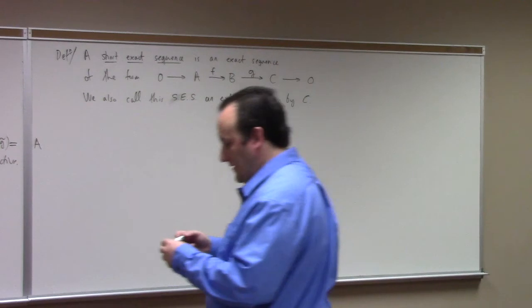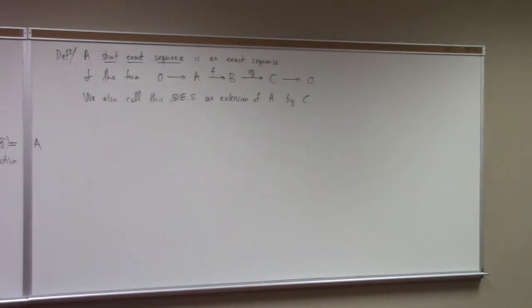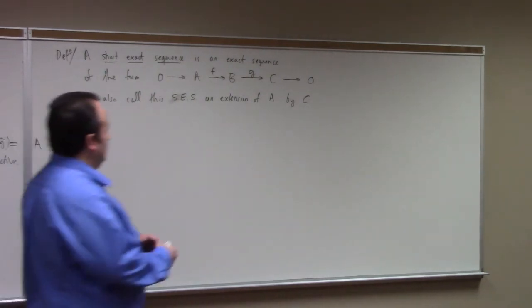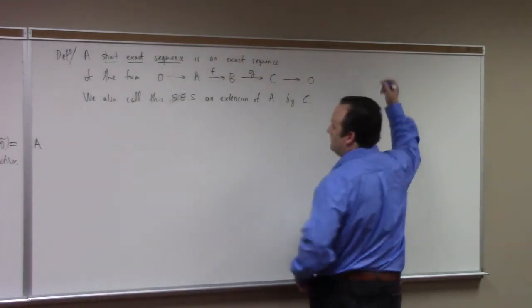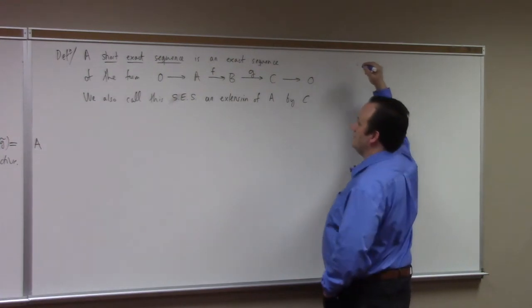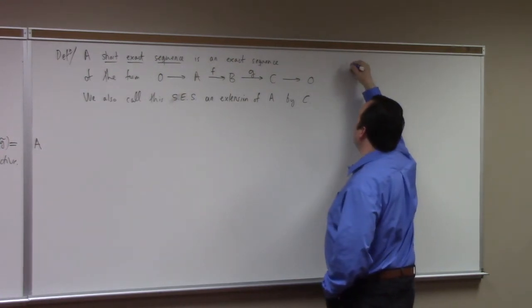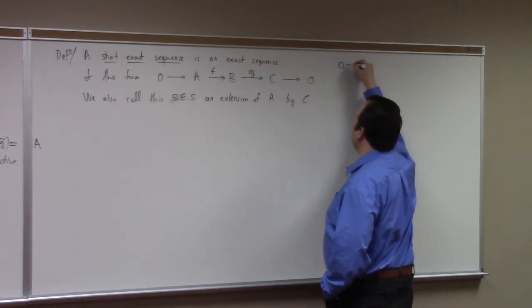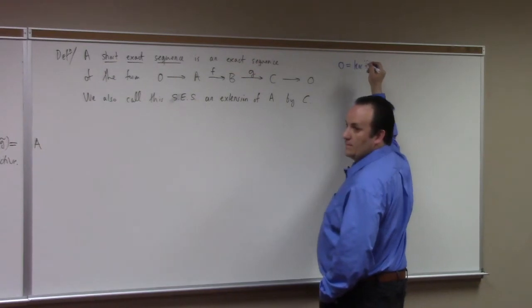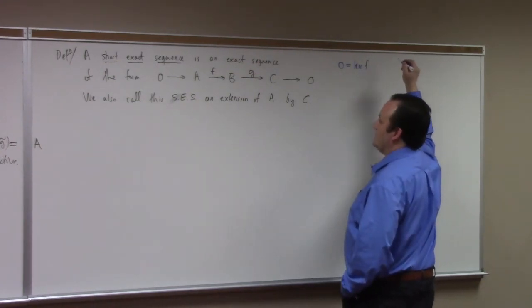Okay, so before I even write the next thing, what would that say about the kernel and the image of the named maps there? I think that says 0 is equal to the kernel of F. And what else?